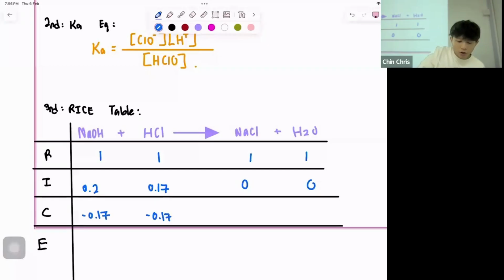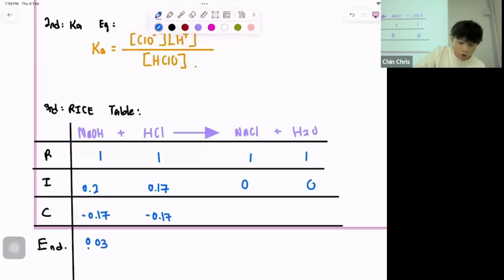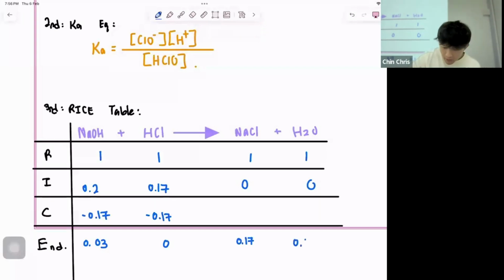So at the end of the day, you still have how much? 0.03, right? Do you have any HCl? Nope. Do you have any NaCl? You still have 0.17.